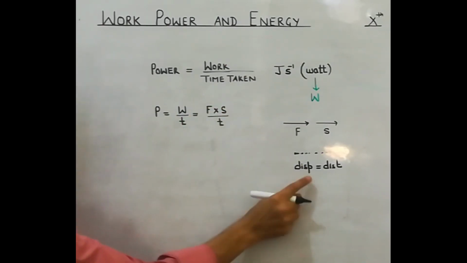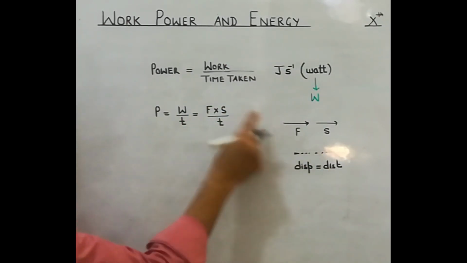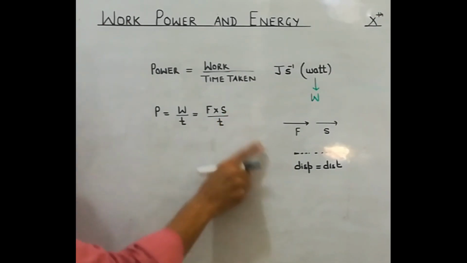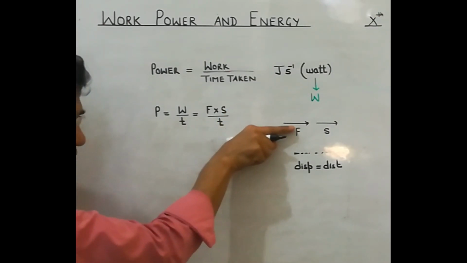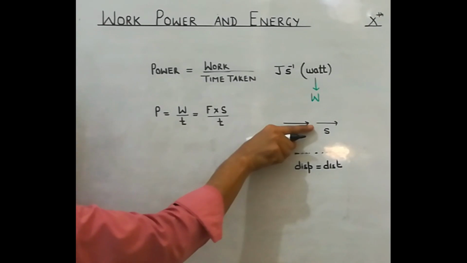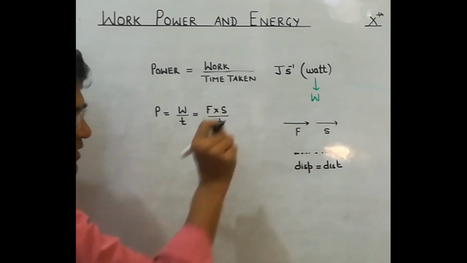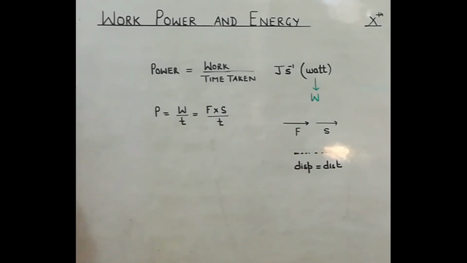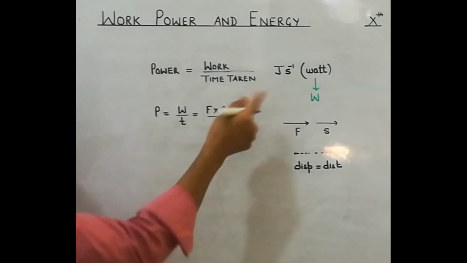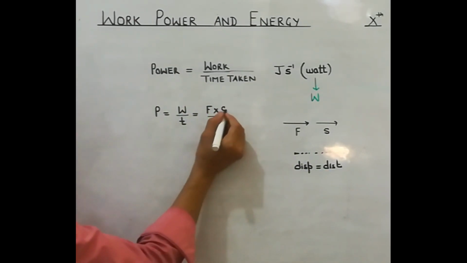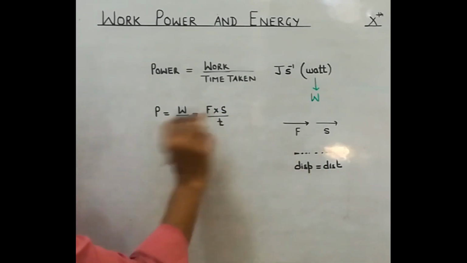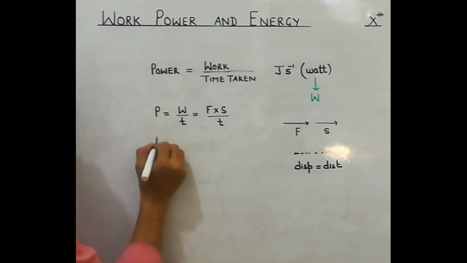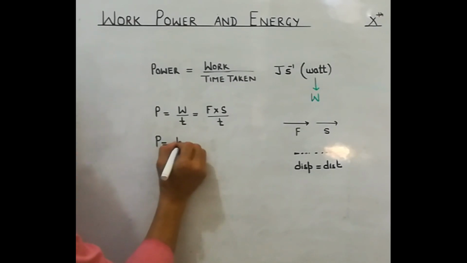It is called displacement, or it can also be known as distance, because I am saying if a force is applied in the direction in which the body is being displaced, they are in the same direction, so distance and displacement will be equal. So this displacement can also be replaced with distance. So we can write it like this also.